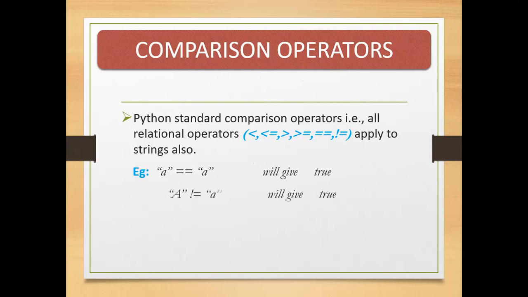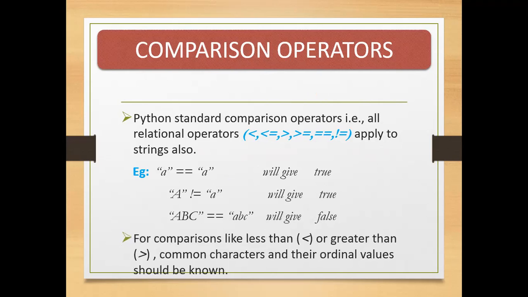Now, important: capital A not equal to small a is true because capital A and small a do not have the same ordinal values. For comparison, these string characters are compared on the basis of their ordinal values.